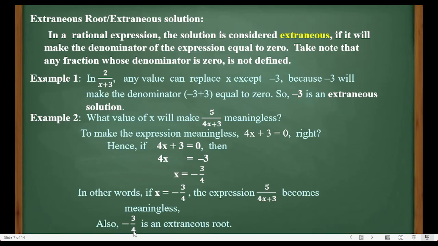Okay? Ayan. So if we're going to read this, in other words, if x is equal to negative 3/4, the expression 5 over the quantity 4x plus 3 becomes meaningless because the denominator becomes 0 because of this value. Therefore, this value is an extraneous root.